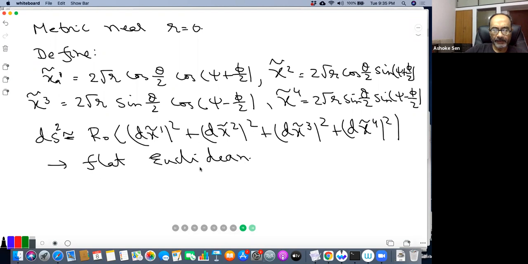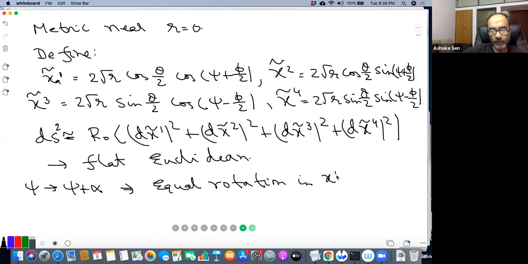But the property that I want to emphasize here is that if you look at the psi goes to psi plus alpha transformation, just a shift in psi, this corresponds to equal rotation in the x1 tilde, x2 tilde, x3 tilde, x4 tilde planes.